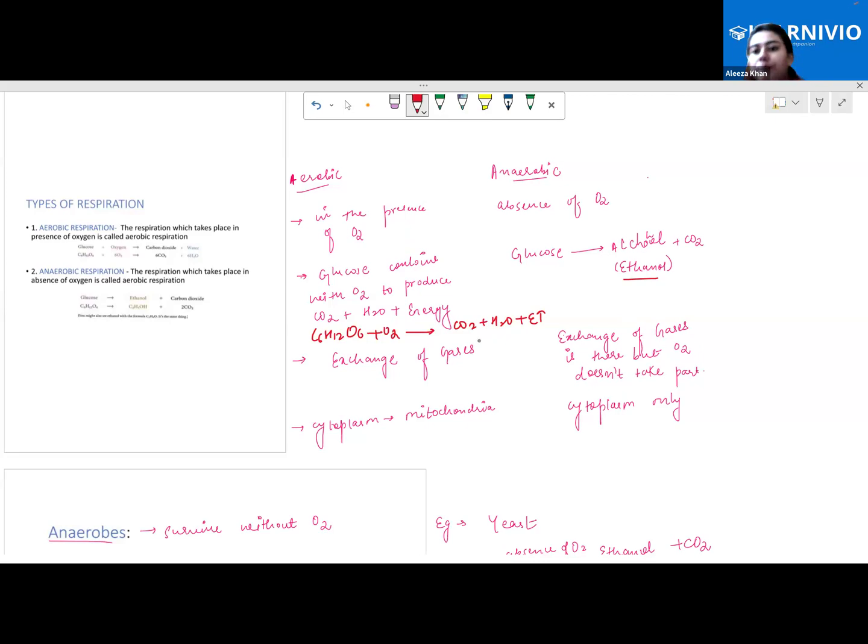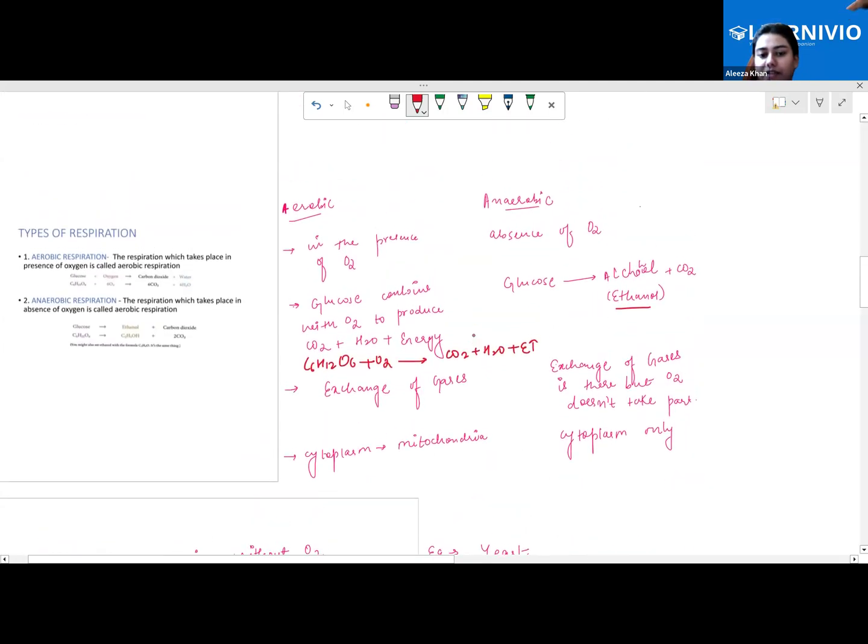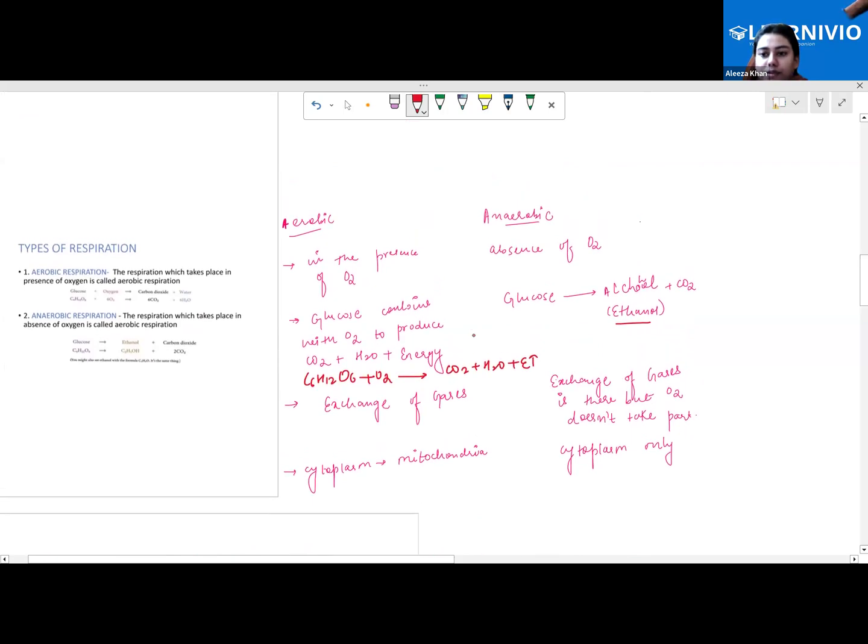Also, we have understood from the last classes that aerobic respiration takes place inside the mitochondria, which is within your cytoplasm. It is the powerhouse of the cell, producing the energy. Whereas anaerobic takes place only within the cytoplasm because there is no oxygen. First of all, write these differences, then we'll move on to the anaerobes.